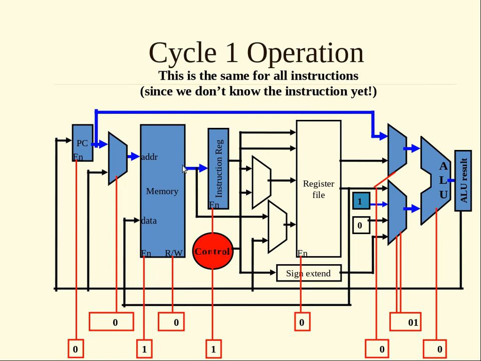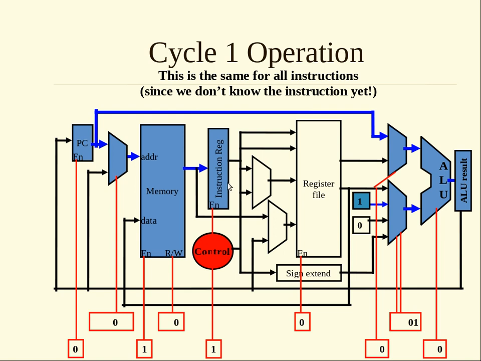We enable main memory, we read from it, and we enable the instruction register so the output of this is put into the instruction register. We're not writing to the register file, so we'll disable that. While this is happening, we also forward the program counter over here, send that to the ALU plus 1, which is going through this mux, so these are the selections there. Tell it to do add, and then store the result into another register called ALU result.